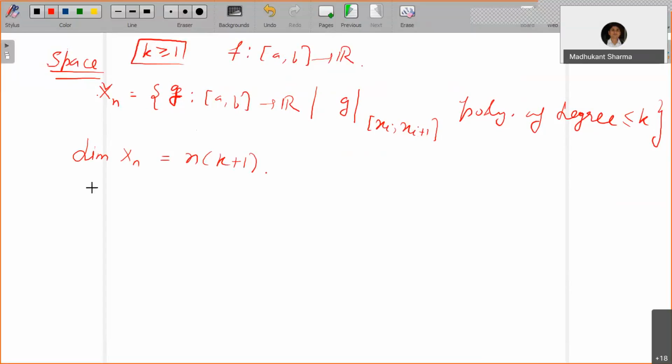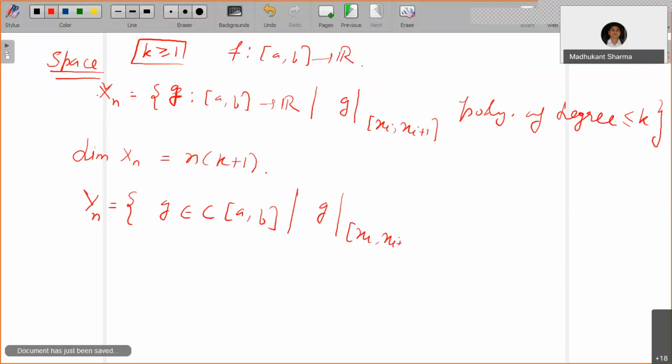Now let g belong to the set of all continuous real valued functions, so you are imposing the continuity condition, and g restricted to [xi, xi+1] is a polynomial of degree less than or equal to k.